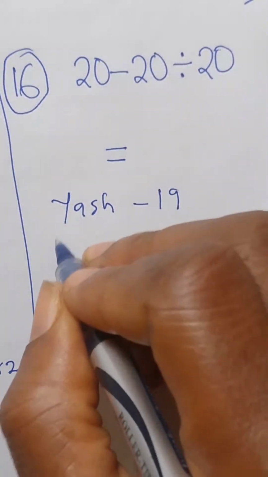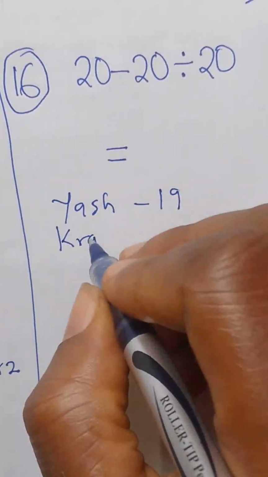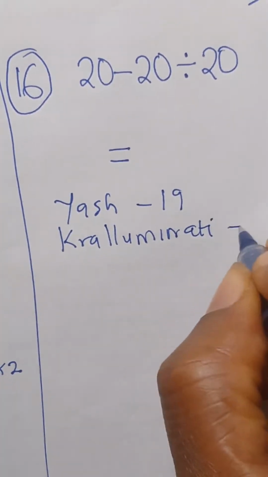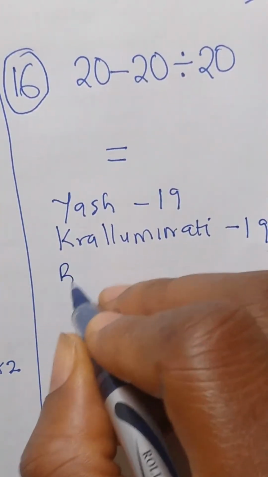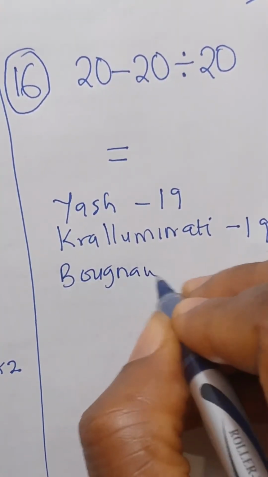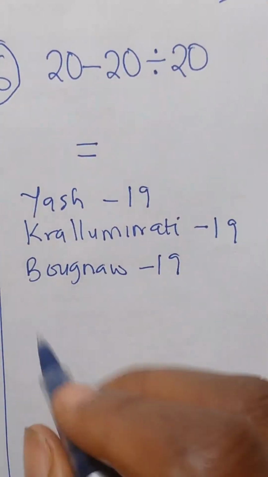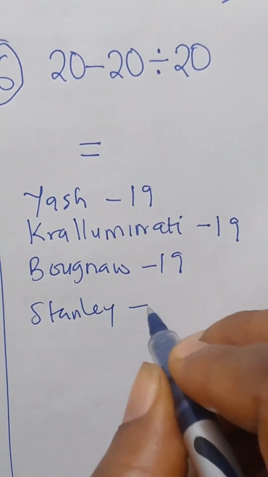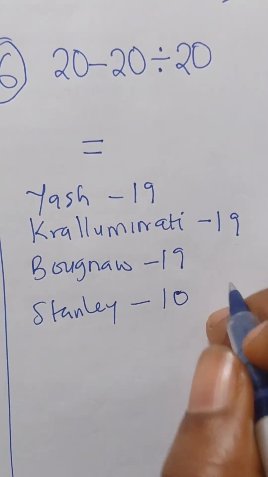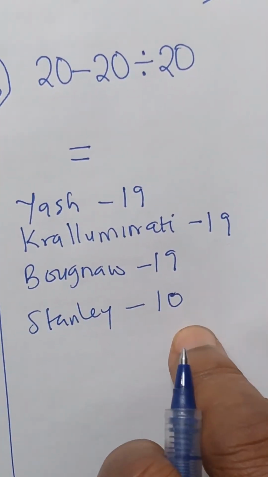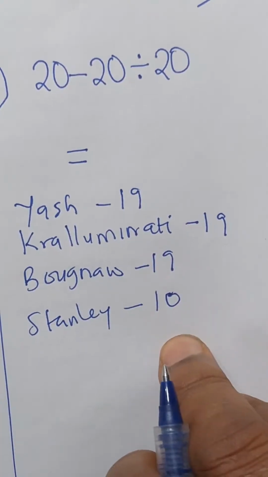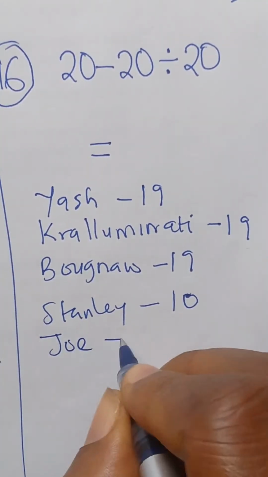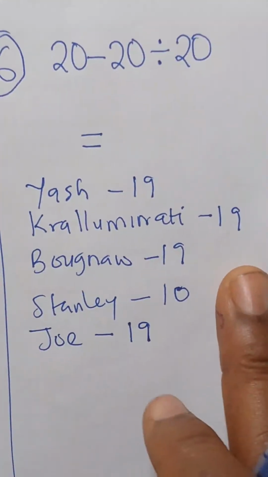19. Joe. Okay, 19. So more answers, please.